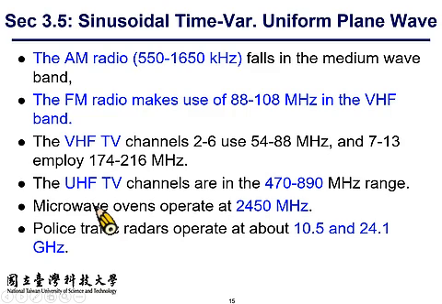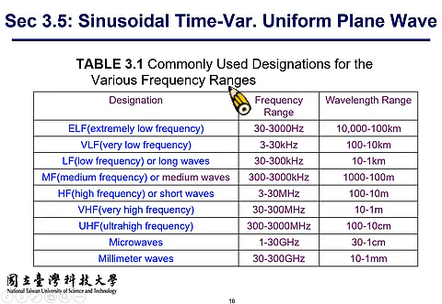And as I already mentioned, the microwave oven operates at 2450 megahertz, 2.45 gigahertz. And radars usually operate at 10 or 24 gigahertz. So here are the names and the corresponding frequency bands and wavelengths for commonly seen microwave bands. You can look it up yourself.